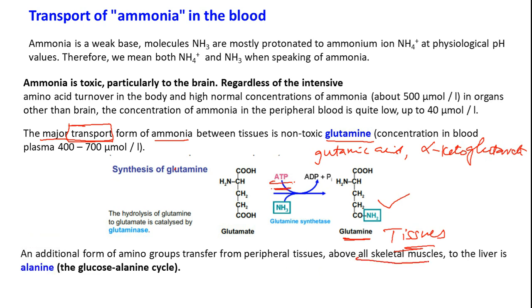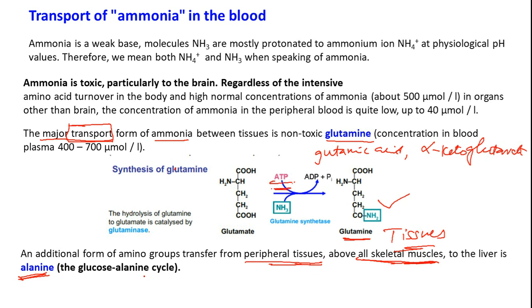In skeletal muscles, and from peripheral tissues also, pyruvic acid picks up ammonia and becomes alanine, and then alanine is sent to the liver, where pyruvic acid is biosynthesized. The pyruvic acid will enter either into gluconeogenesis, or the same pyruvic acid will be utilized for biosynthesis of other chemicals also.